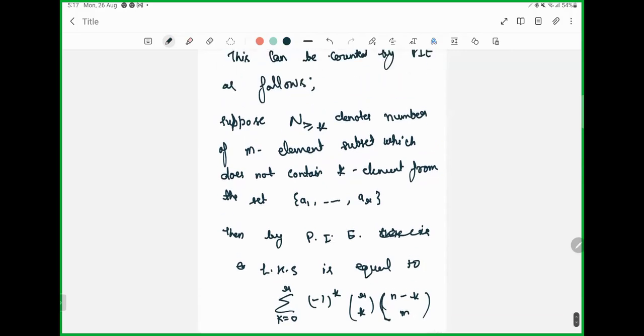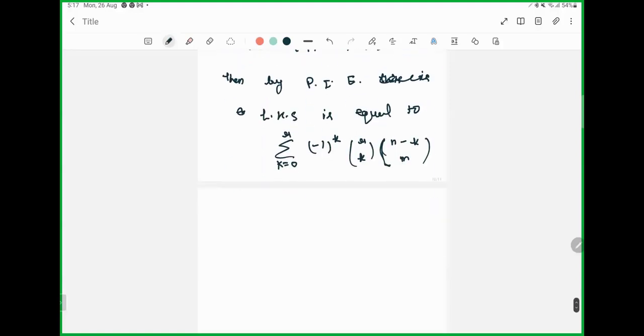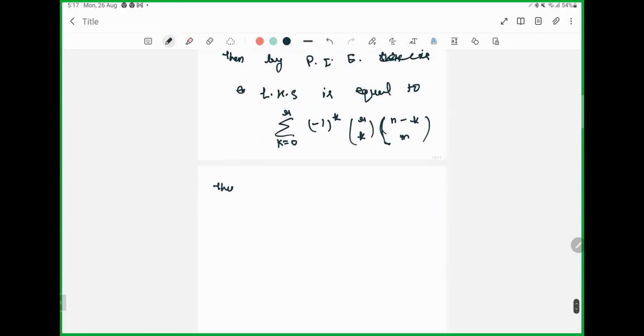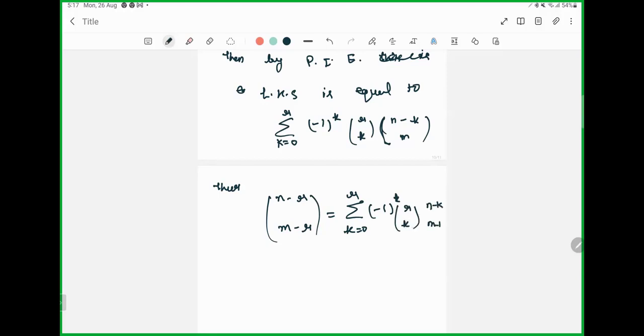Thus (n minus r choose m) is equal to the summation k from 0 to r of (r choose k) times (n minus k choose m). So this is one.